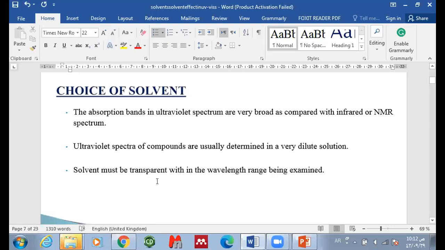The solvent must be transparent within the wavelength range being examined. The solvent which we choose must be transparent, doesn't have any interference with the molecule.